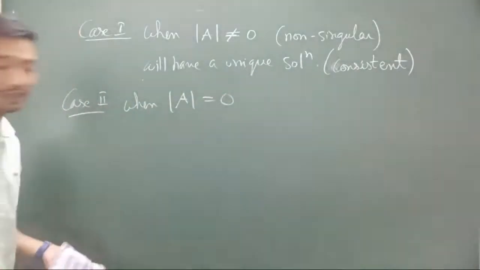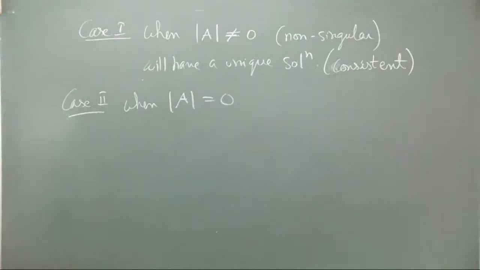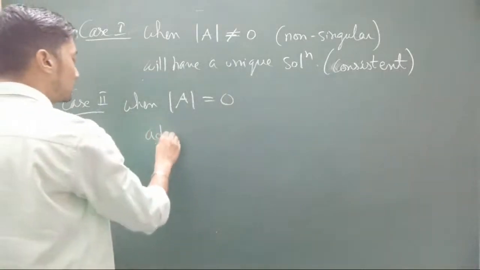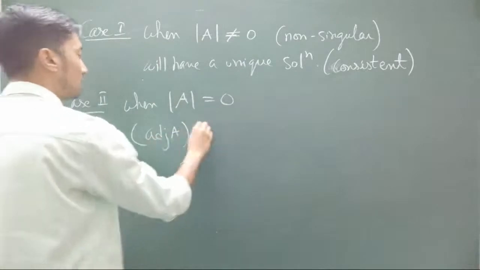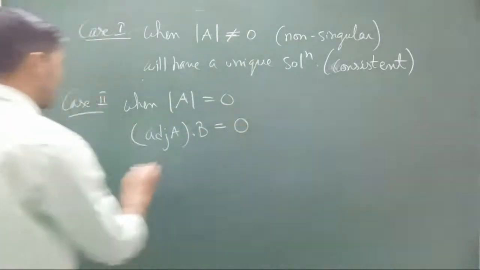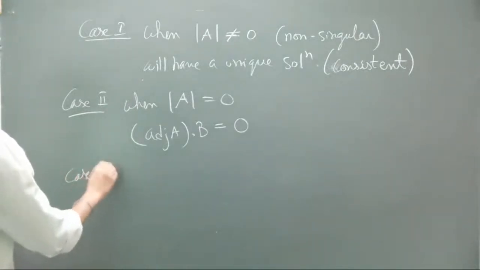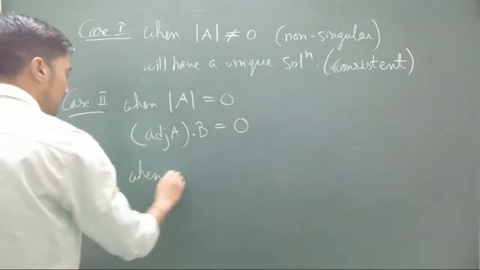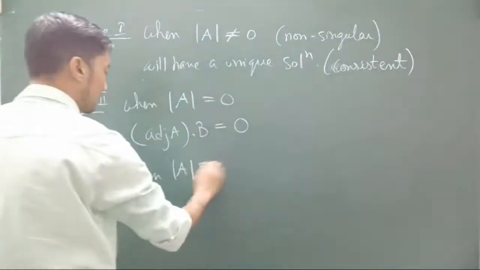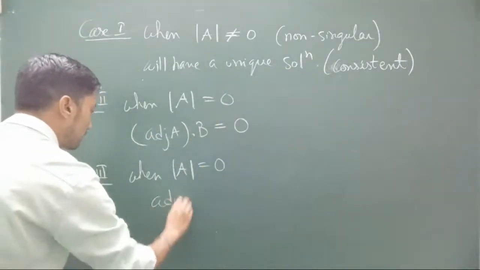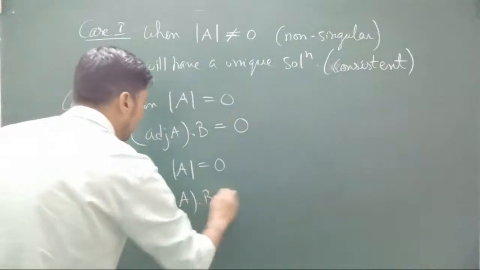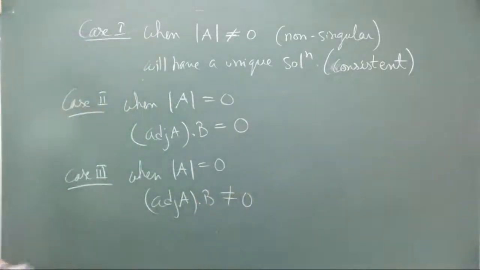Case 2: if determinant of A is equal to 0, then we will find out the adjoint of the matrix A and multiply it with B. We have two conditions here. Again, when this is equal to 0, then adjoint of A into B might not give us 0. So in one case it might give us 0, in one case it might not give us 0.